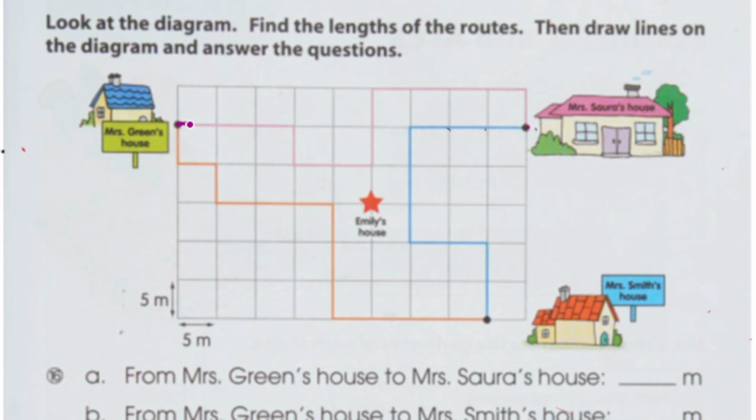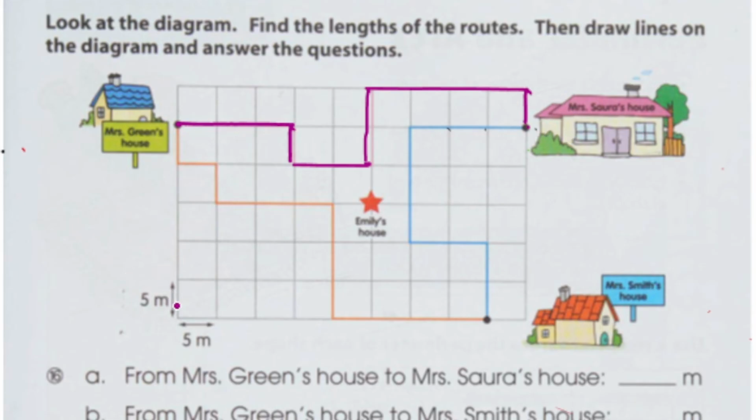So this is the first route, the route for Mrs. Green's house to Mrs. Sora's house.